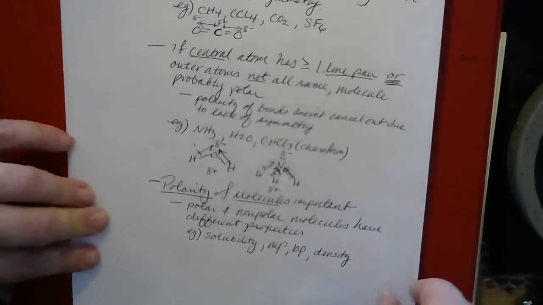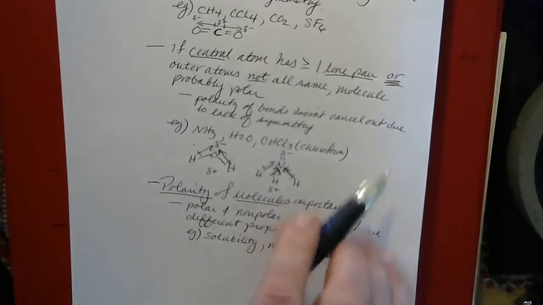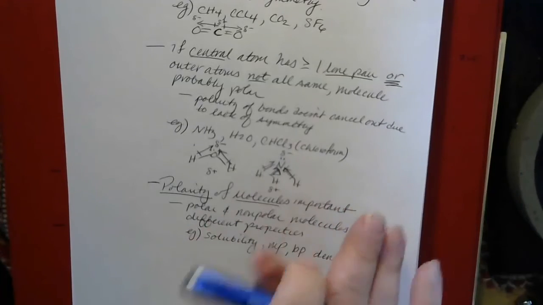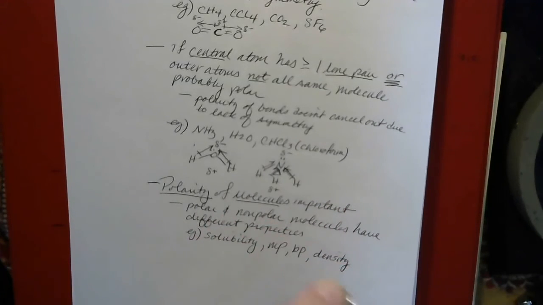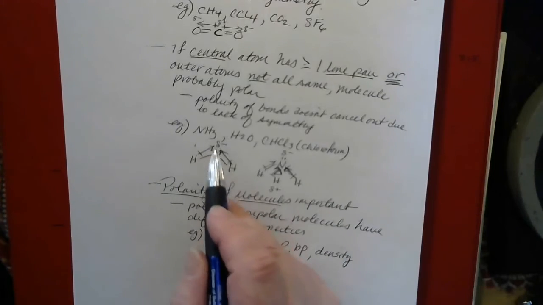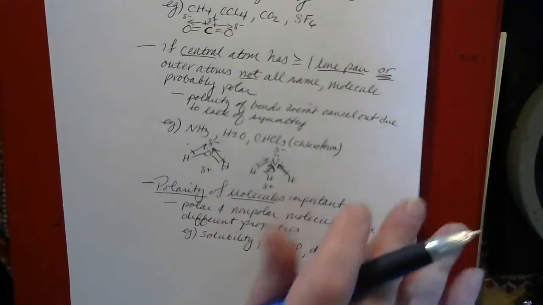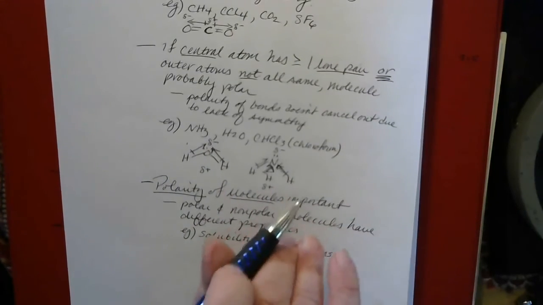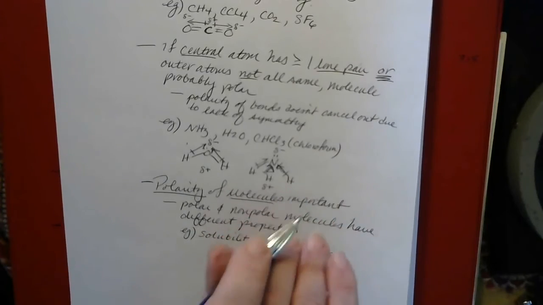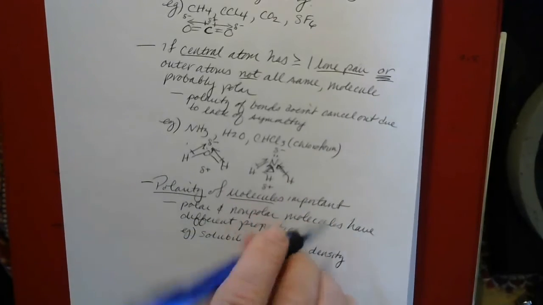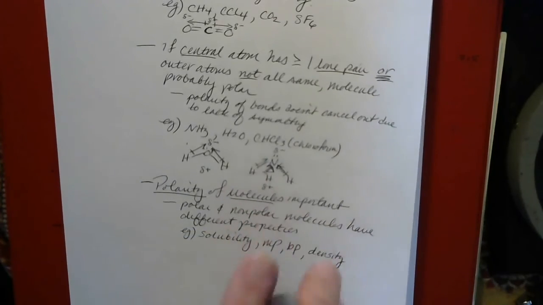There is a section on page 414 about vector addition, which basically shows you how to determine if a molecule is polar or nonpolar based on the way the bonds are arranged and the electronegativity differences between the atoms in the bonds.